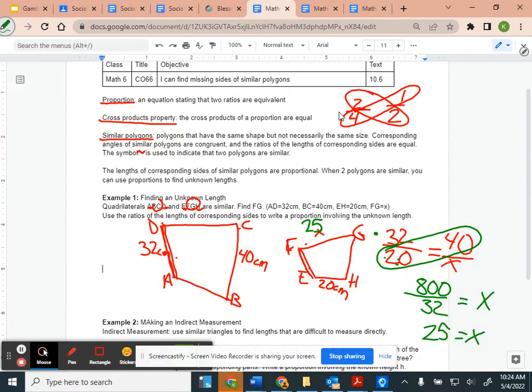Then you multiply the cross products together and divide by the other number. Okay? Does that make sense? So you have to match up the sides that go together to get your ratios. Then you do the cross products, divide by your remaining number.